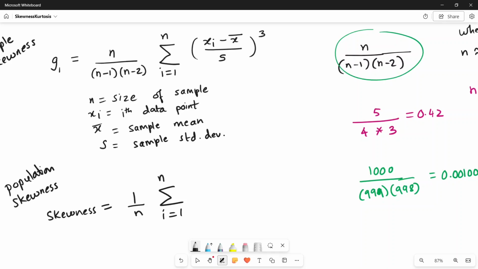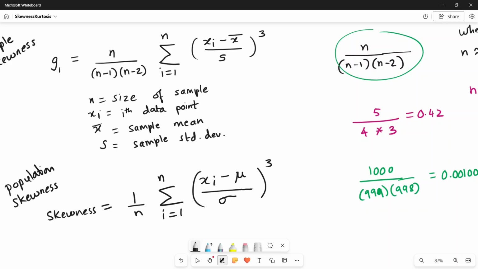Now here n is the total number of data points in the population. And instead of x bar, for population we write mu, and instead of s, for population we write sigma, and cube. So these are the formulae for skewness.